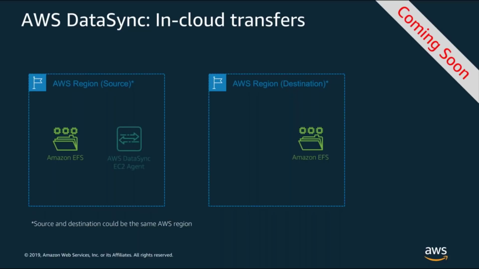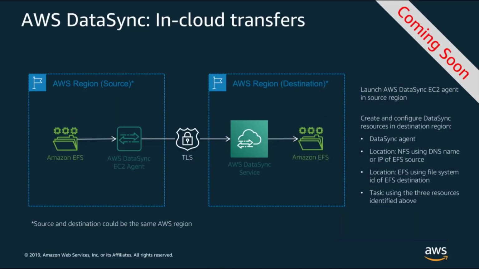In the source region, you launch an EC2 instance using a specific AMI that runs the DataSync agent. Then you create and configure DataSync resources using the DataSync service in the destination region. This will allow you to transfer file data from the source EFS file system to the destination EFS file system.